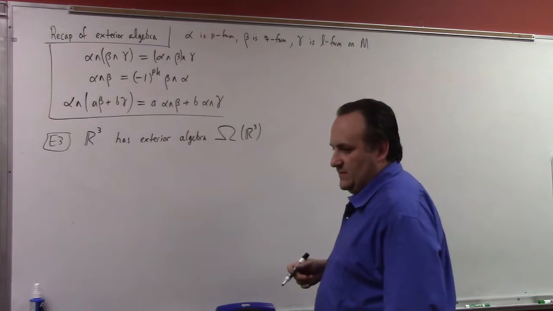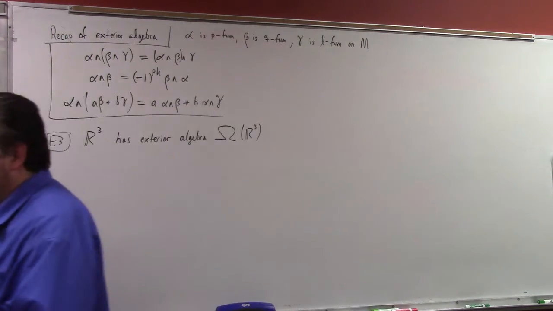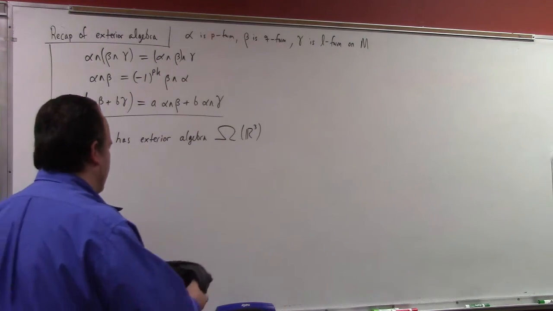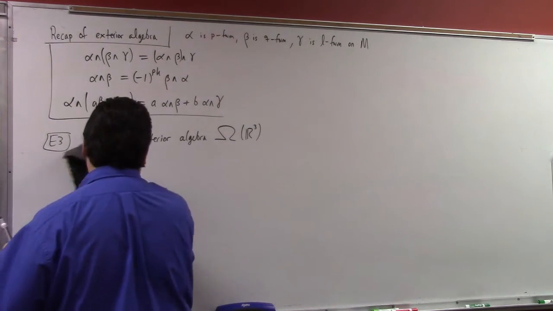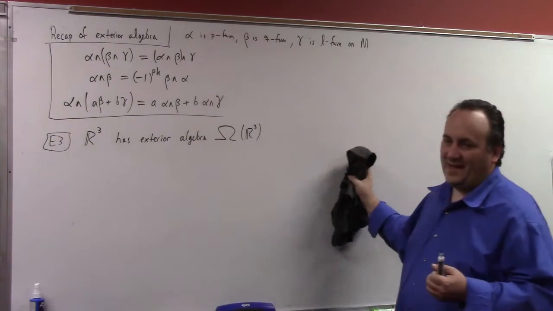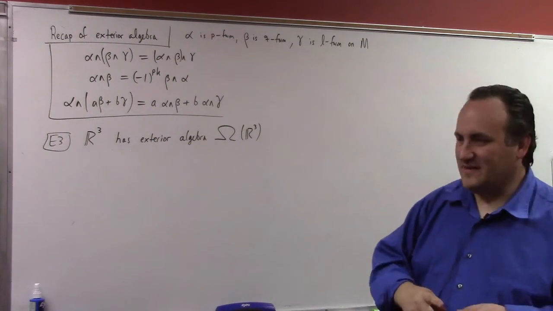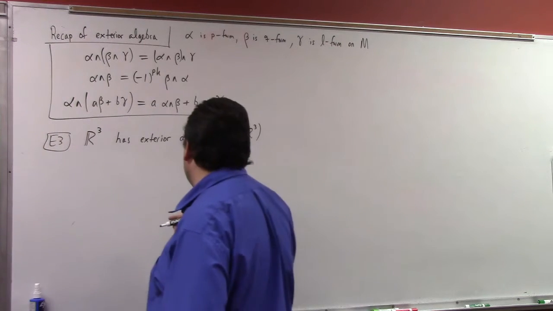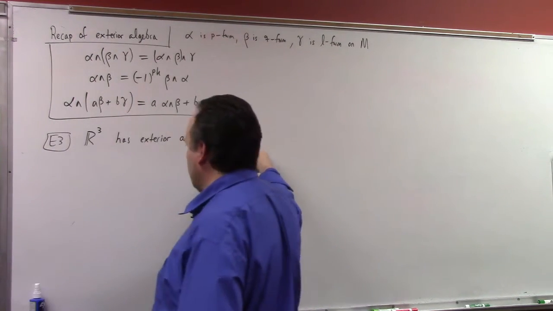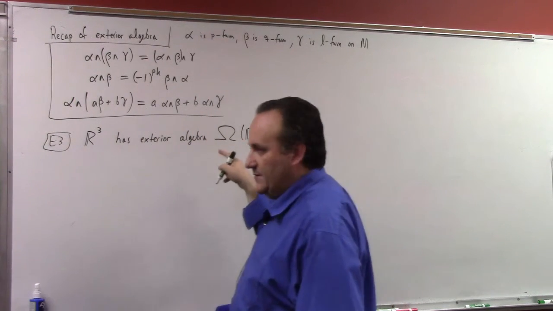Perhaps my notation is not quite right. I don't know if I have a separate notation for the exterior algebra of form fields versus a fixed vector space. Maybe there should be different symbols for those, but I hope that's not confusing. I don't know, maybe it is.